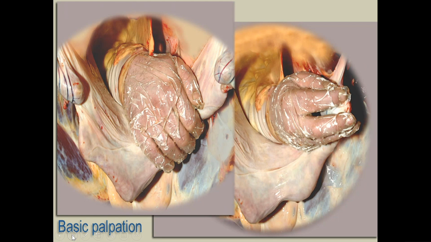But it may not be lying like that in the mare. It may be moved around if she's got full intestines or a full bladder. So the initial rectal palpation serves to lay the reproductive tract out such that when we go back in with the ultrasound transducer, we're going to be able to have all the structures in the right place, and this will facilitate our interpretation of the ultrasound image.